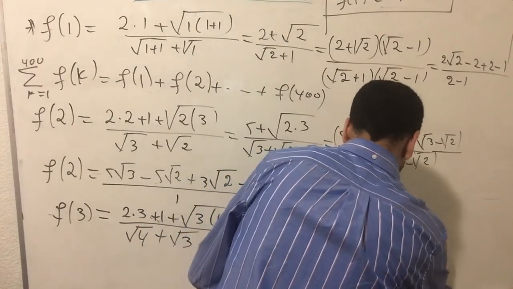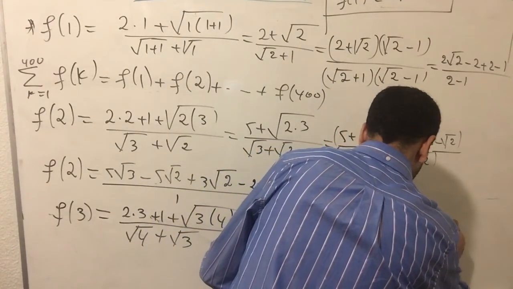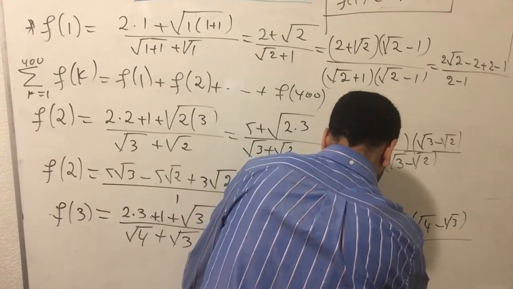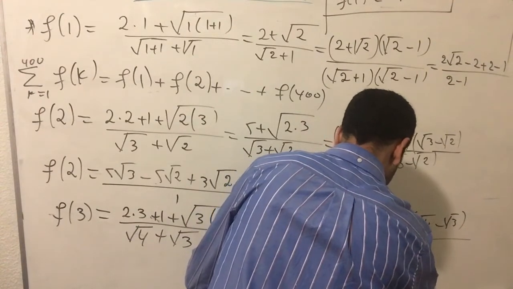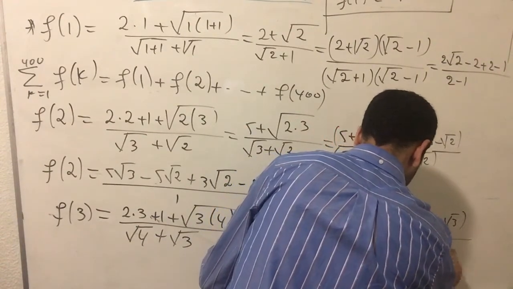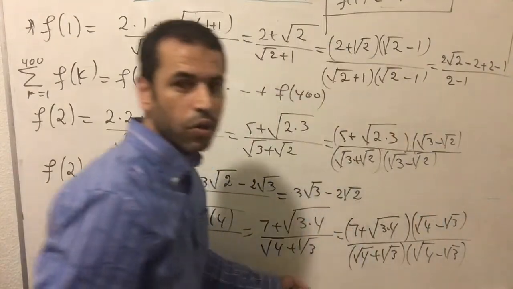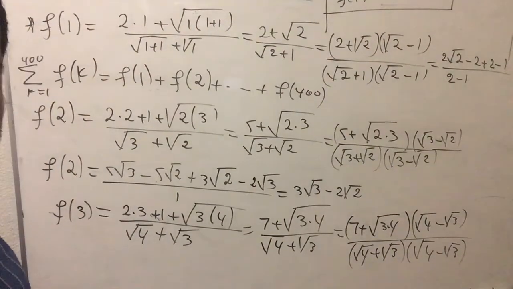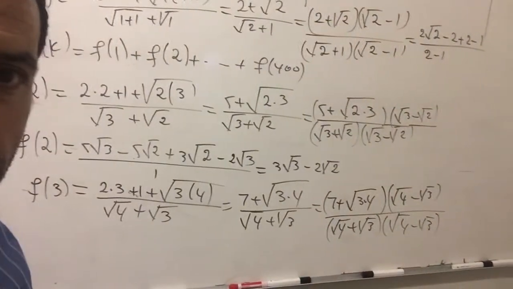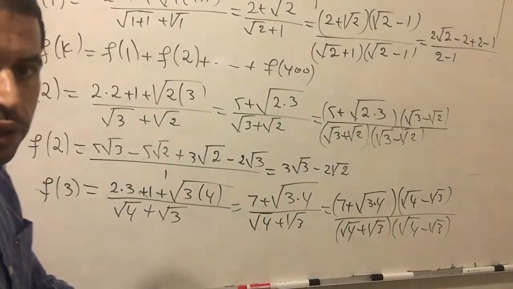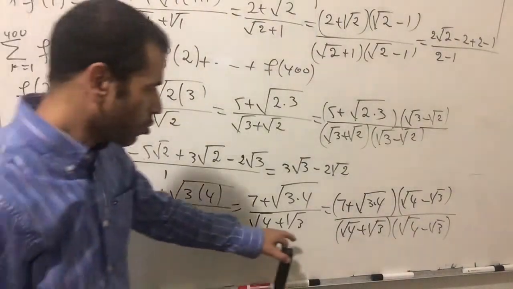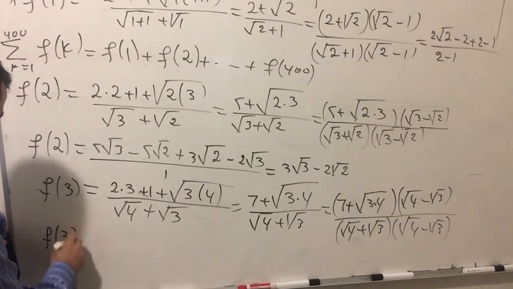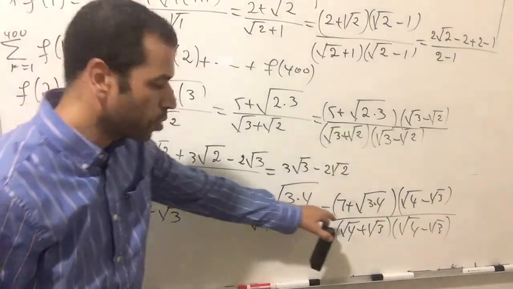So we'll have 7 plus square root of 3 over 4 multiplied by the conjugate, which is square root of 4 minus square root of 3, over square root of 4 plus square root of 3 multiplied by square root of 4 minus square root of 3. Now I have this expression. So if you calculate f of 3, I'm going to distribute this one.